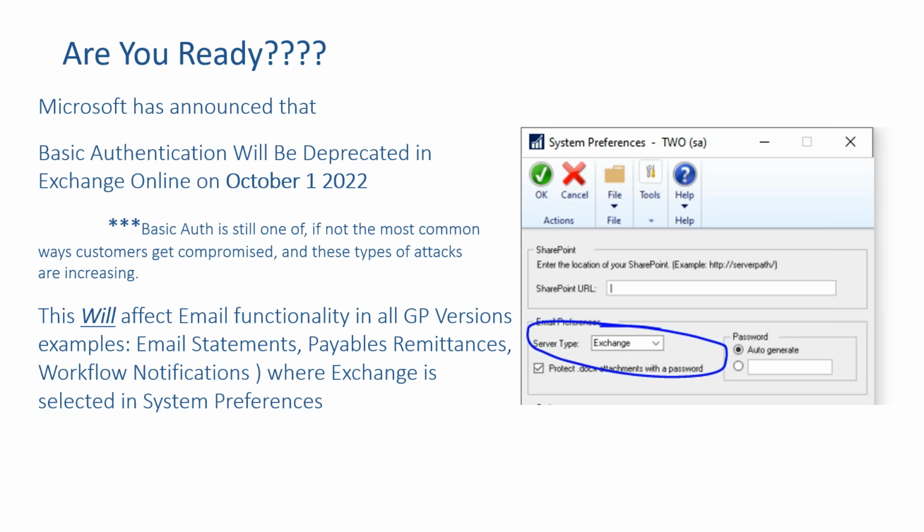You choose MAPI as your server type if you're not using one of those two products, or if you're using Exchange on-prem with 32-bit Outlook. Those are the reasons behind those decisions, which for us means 90% of the people using Exchange are using Office 365.